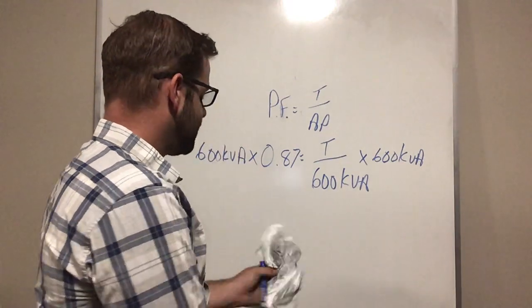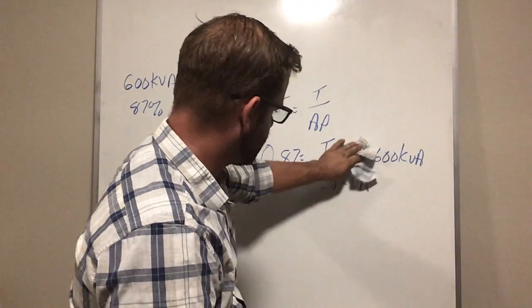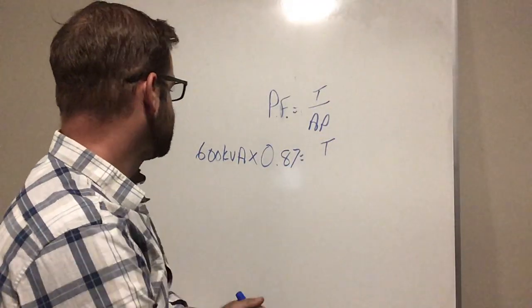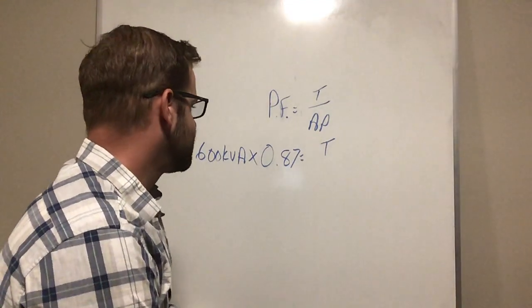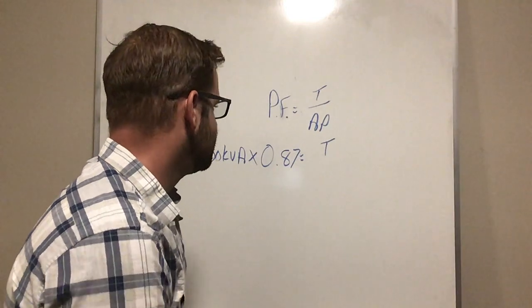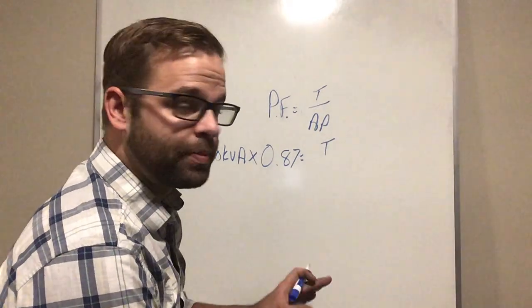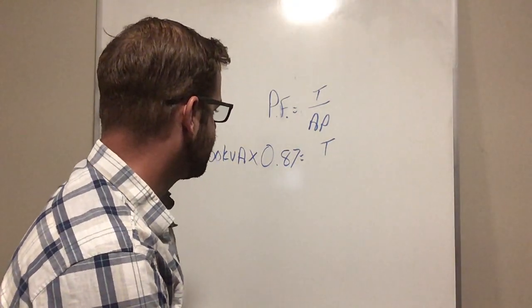And that leaves us with an equation of 600 kVA times 0.87. And something you're going to realize with these questions is your true power is always going to be smaller than the apparent power at the end of the day.